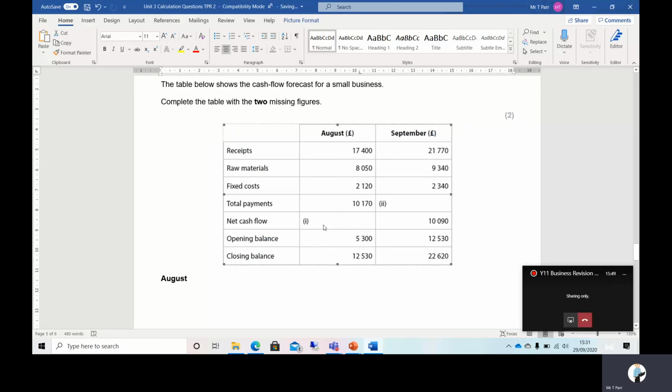What we need to work out is our net cash flow. So our net cash flow, as we know, is inflows take away outflows. In this case, our inflows are our total receipts for August, which is 17,400, and we take away our total payments, which is 10,170.